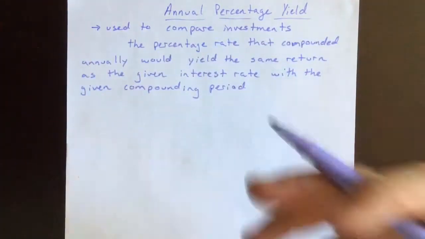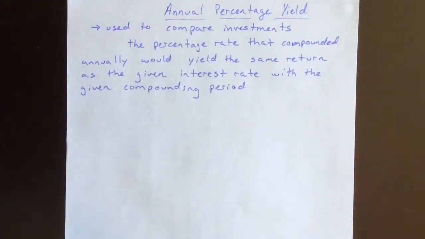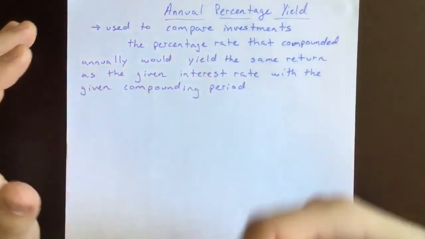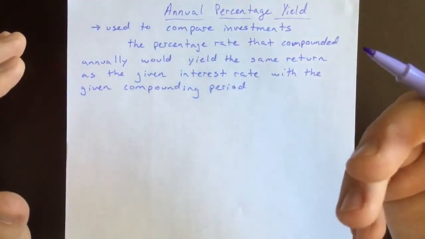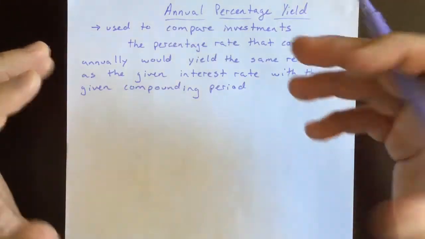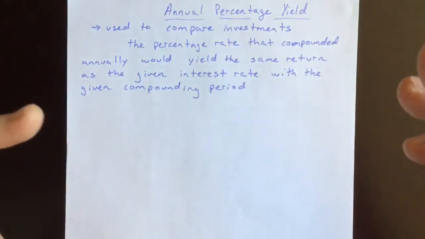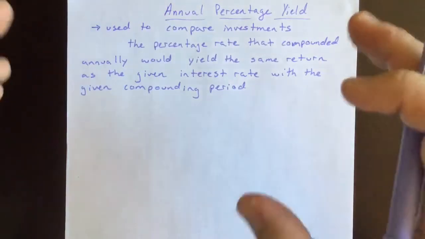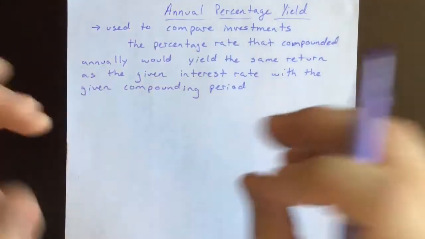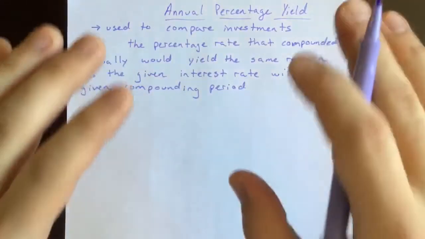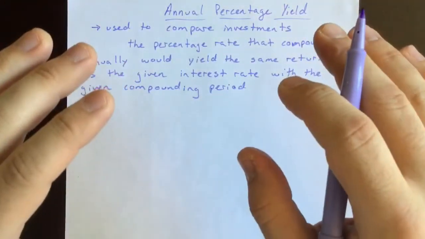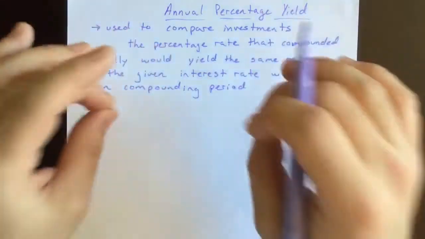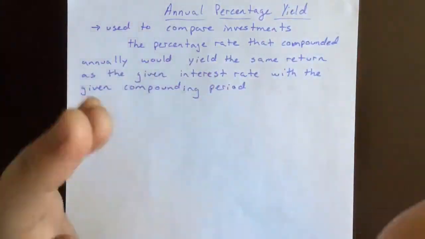So this is something that takes your interest rate, whether it be compounded monthly, daily, quarterly, and takes it back to an annual compounded interest. And you're going to do that for any investment you're looking at, and then compare the annual investment rates. Okay? So it takes your rate, converts it to something else that allows you to compare.